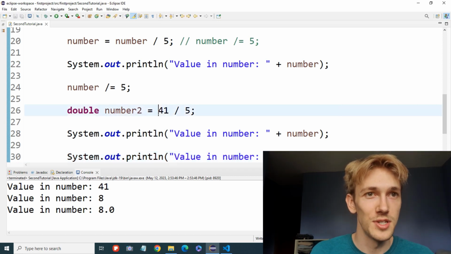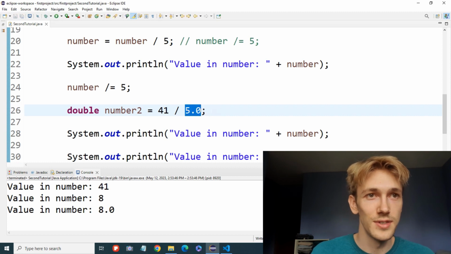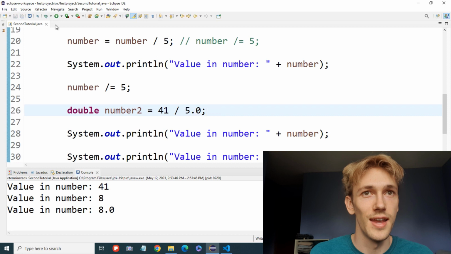What's happened here is Java's just done 41 divided by 5 using whole numbers again, just using integers. And it said, okay, 5 goes into 41 8 times, therefore the result is 8. To get it to do double division, we just have to put a decimal onto one of these. So if we went 41 divided by 5.0, then now it sees, okay, there's decimal values involved here, let's give a decimal answer. So now it'll give us the 8.2 that we probably want.